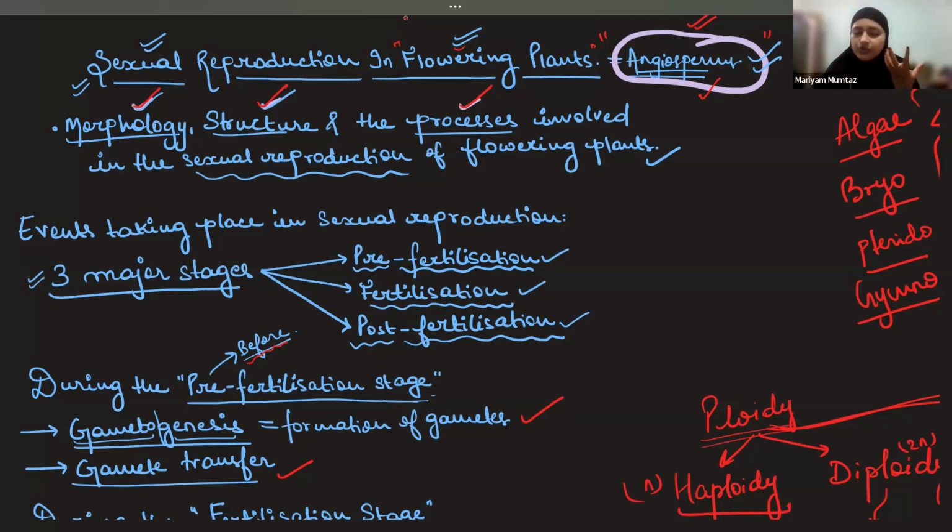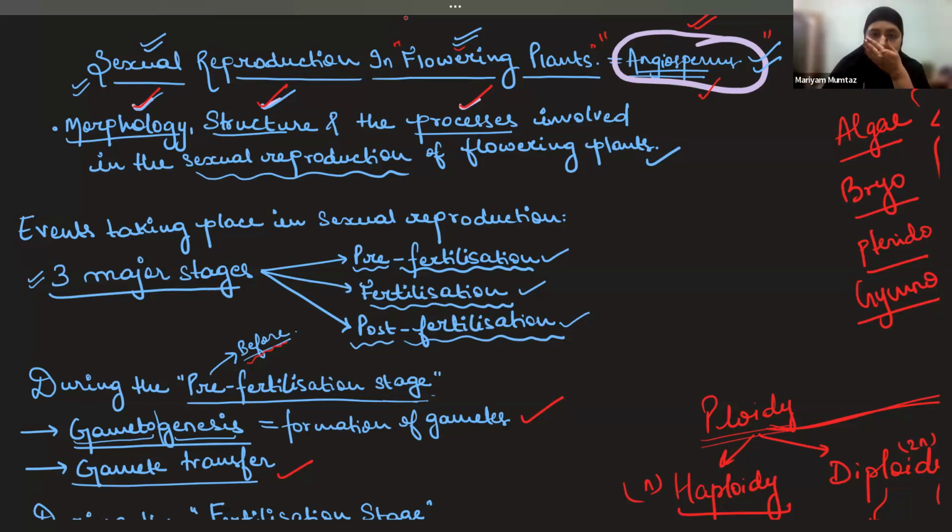The flower is their sexual organ, the part through which sexual reproduction takes place. So flowering plants means the angiosperms, or vice versa.